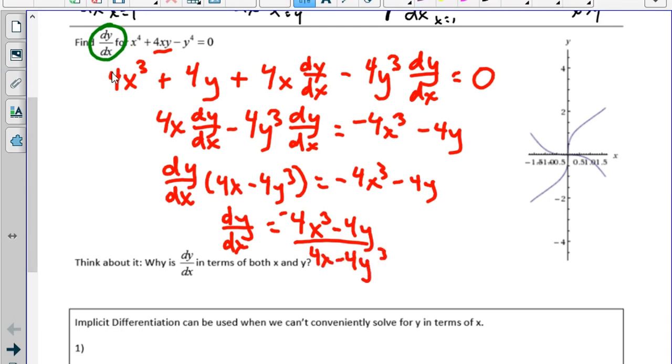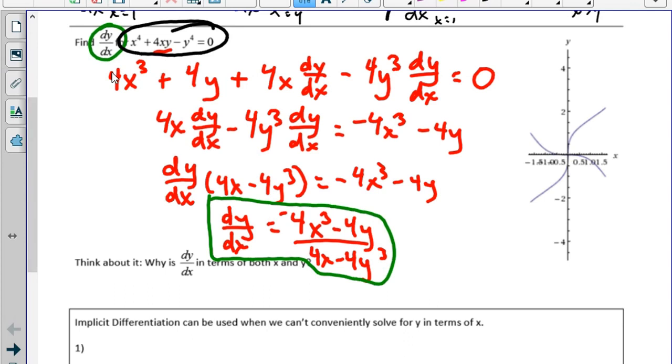And this is dy dx. So what I just found is the slope of the tangent line at any point where you have an x comma y. If you find an x comma y on this graph, you can substitute x and y into this and you'll find dy dx.